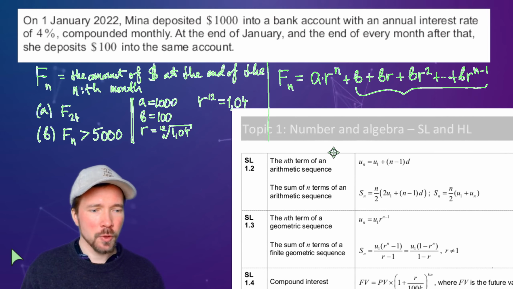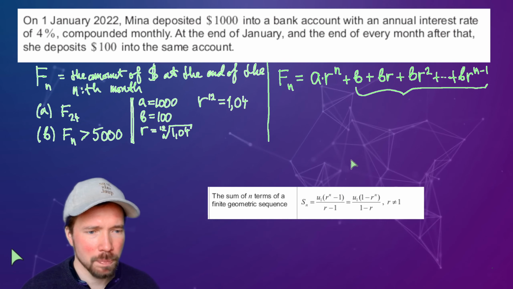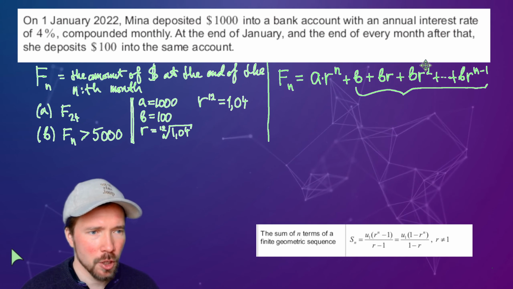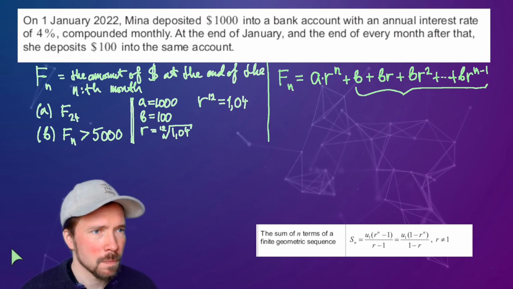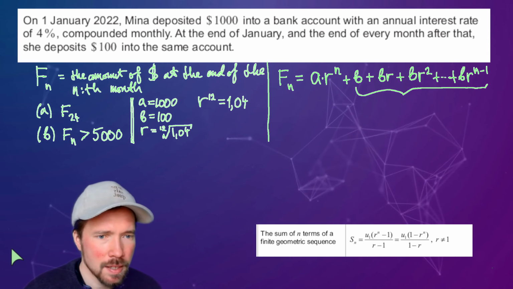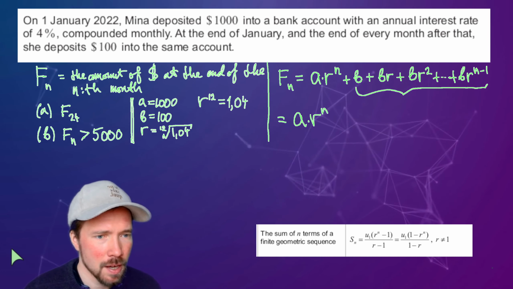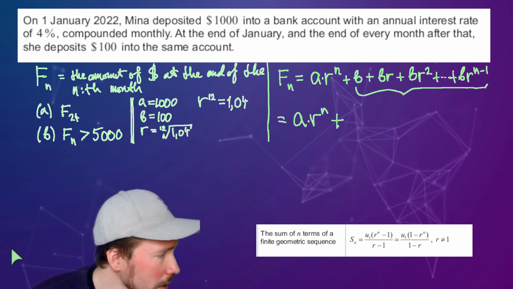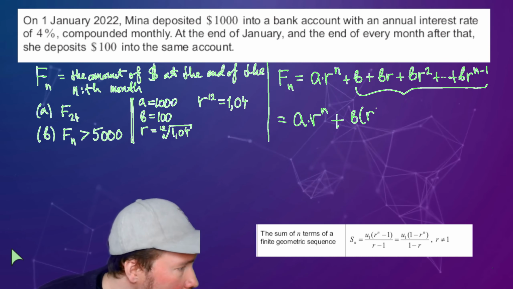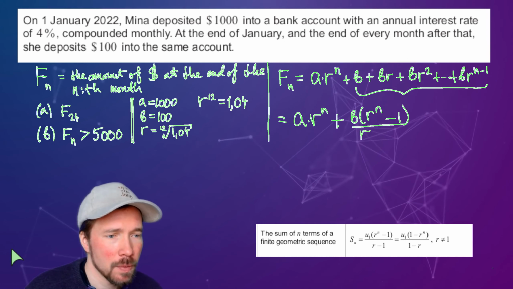So in order to use this formula, let's just put it here, cropped out of the formula booklet. And now it's easy to copy it and use it. In our case, this becomes: let's copy the first term, and then comes the sum, which in our case is b times r to the power n minus 1, divided by r minus 1.